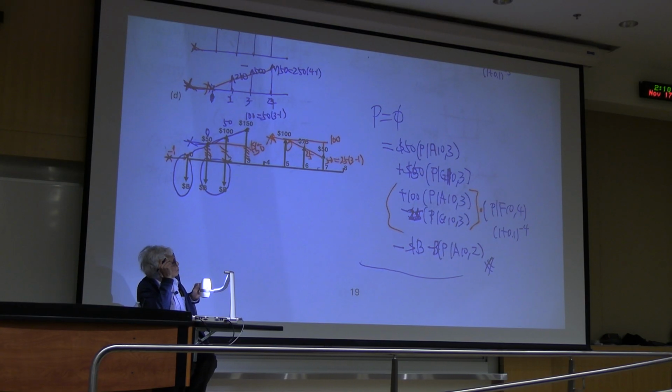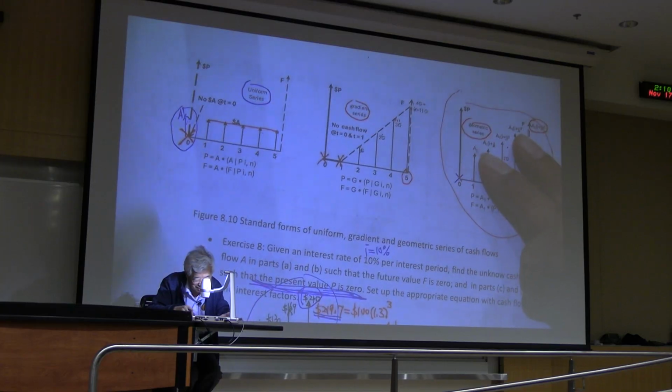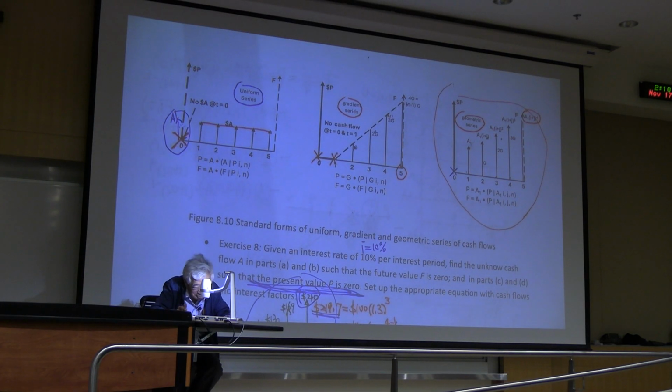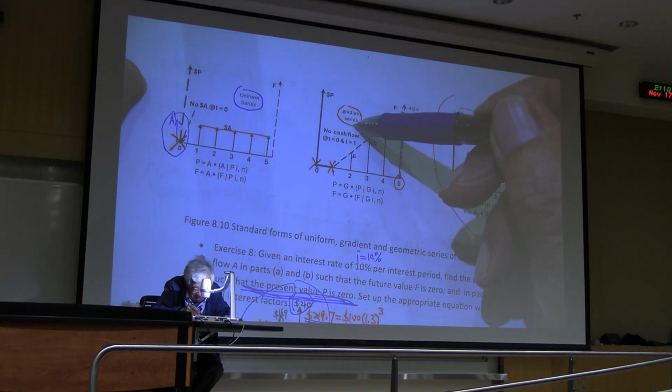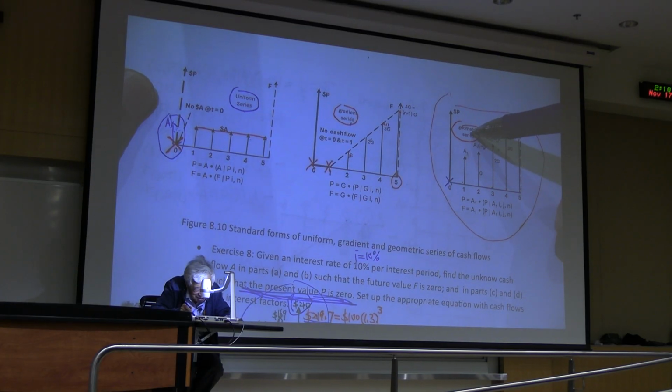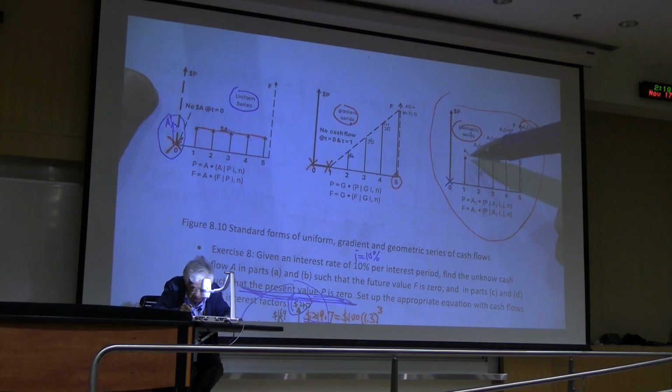Oh, 5 minutes early. Let's look back at this form. You'll be doing a lot of exercises using interest factors relating to uniform series, gradient series, geometric series, A, G, A1.